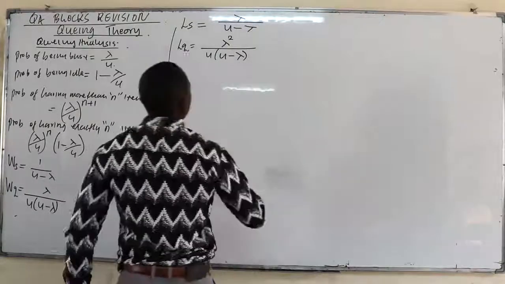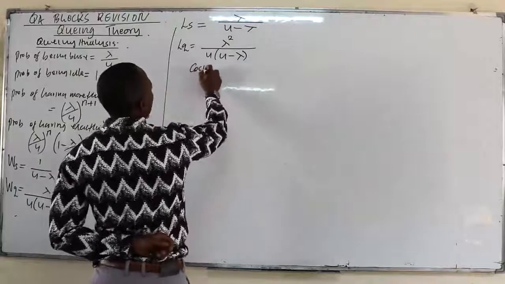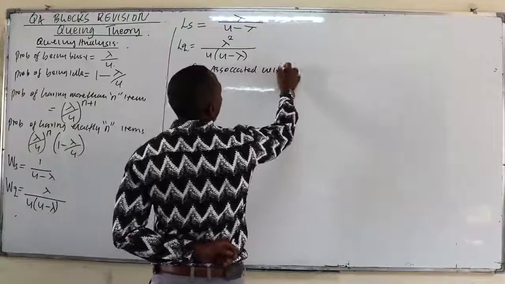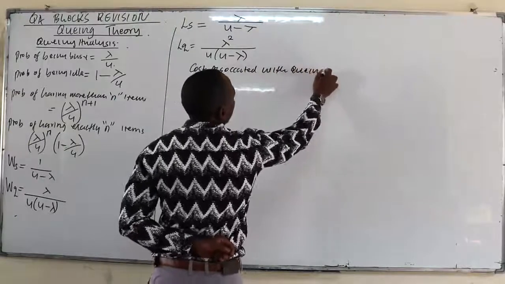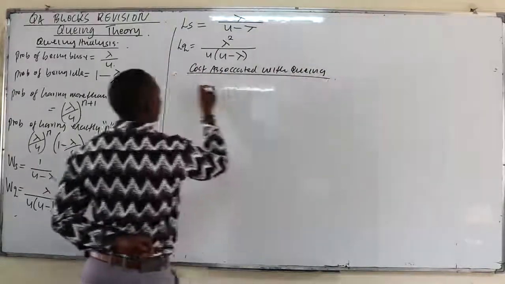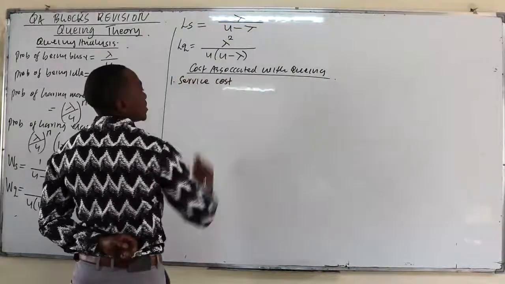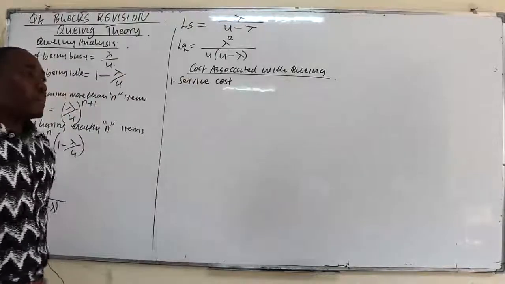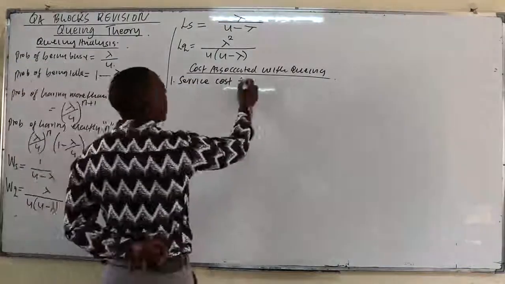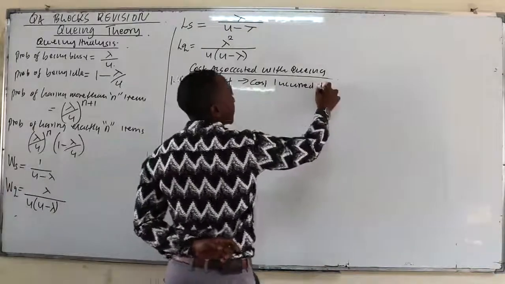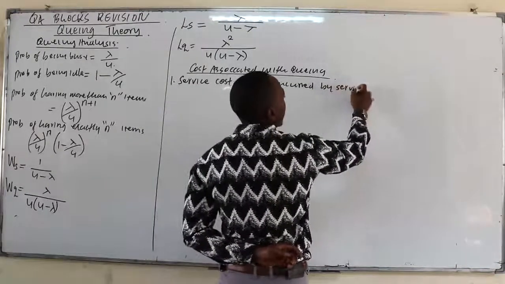Then we also have costs associated with queuing, and they are classified into two. Number one, the service cost, which is the cost incurred by the service provider.